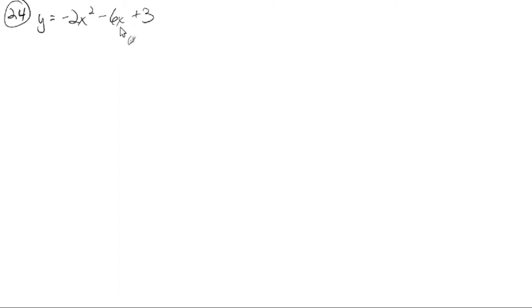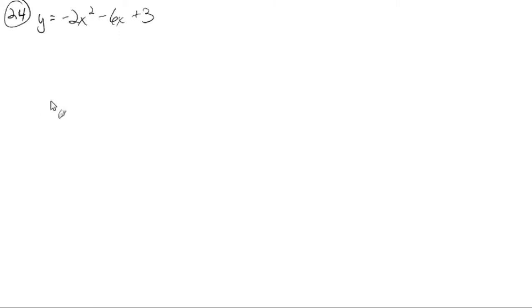But now with this x term in here, x to the first, it'll shift things left and right, basically, and not in an intuitive way where you just look at this and see, oh, it shifts over 6 or something. It's not the way it works. But there is an easy way to find out where that axis of symmetry has moved left or right.